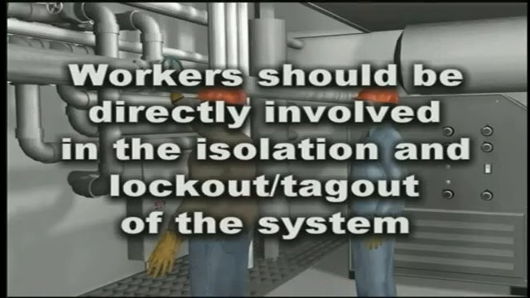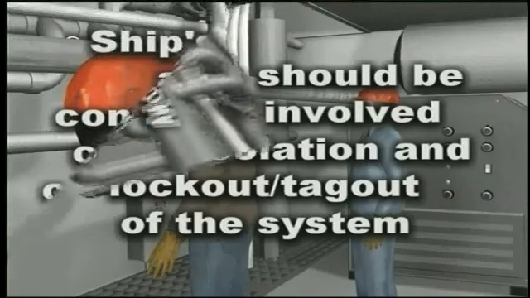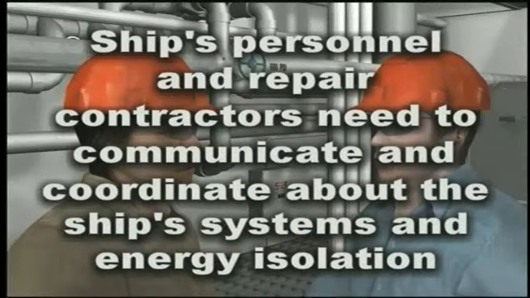Direct involvement by workers in the lockout-tagout process ensures their understanding of the operation or process hazards that the lockout-tagout is designed to control and how to avoid or control these hazards. It is essential for ship's personnel and repair contractors to communicate and coordinate about the isolation and lockout-tagout of the ship's systems.